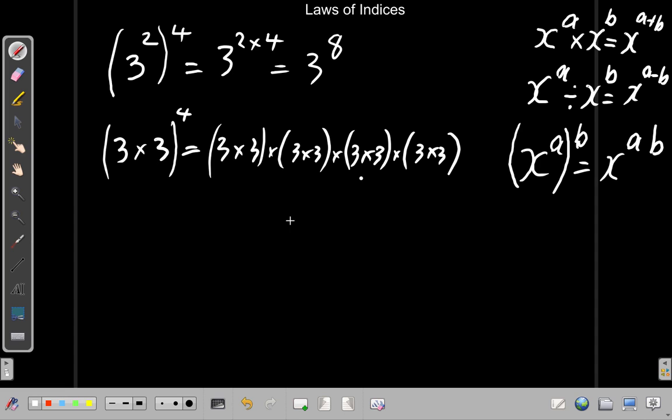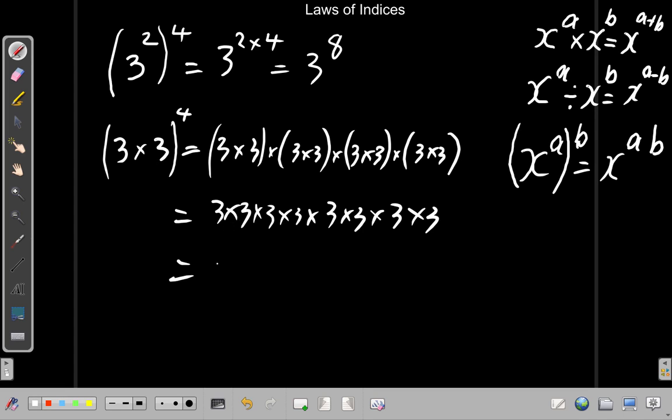So let's rewrite all of this without the brackets now. So what we have is 3 by 3, times 3 by 3, times 3 by 3, times 3 by 3. Alright, what happens here?